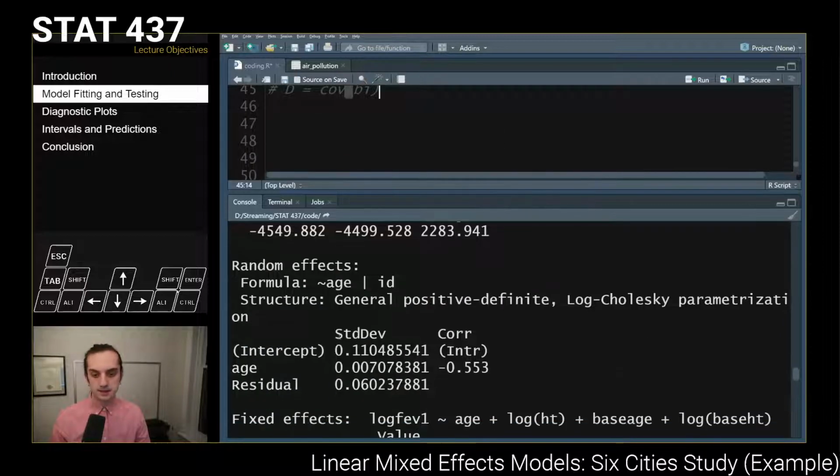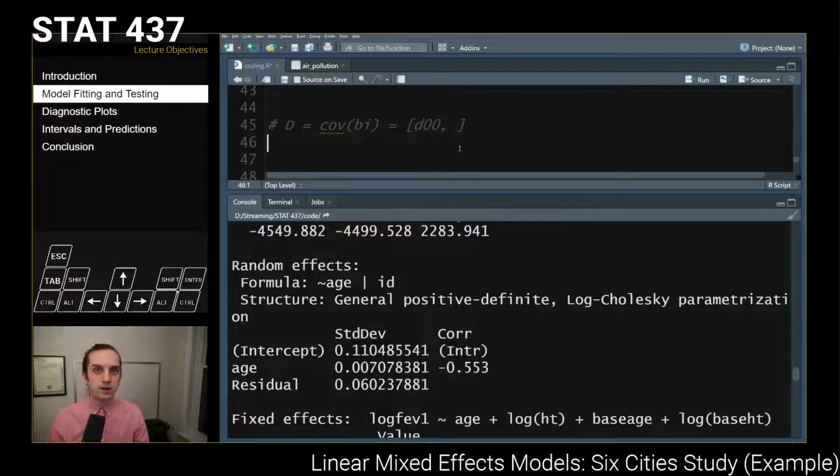Well, these three parameters here, the standard deviations and the correlation, define our D matrix. So in particular, the standard deviation for the intercept is going to give us the sort of D00 term in our matrix. So it's the variance of our random intercept. Well, it's the square root of the variance of our random intercept, right?